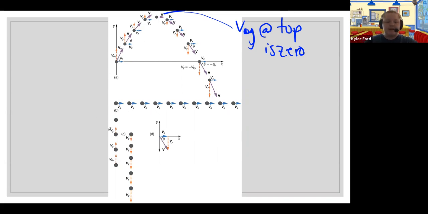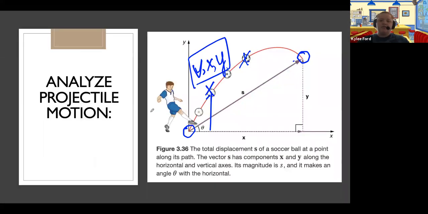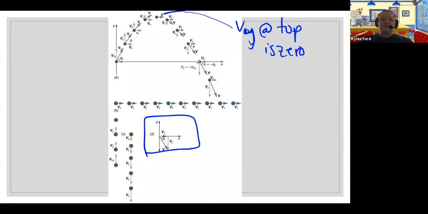And this is them kind of showing you in components and breaking it down further, like we were doing earlier. But again, it's the same idea as what we were just looking at. I just wanted to show you that it is universal, this projectile motion. This is your x and then your y.